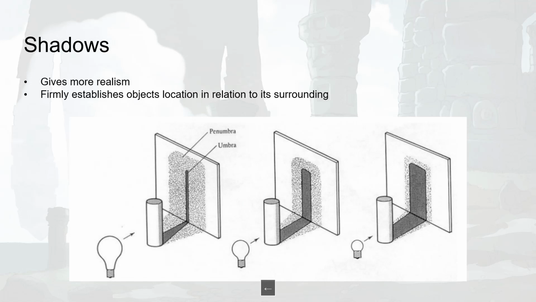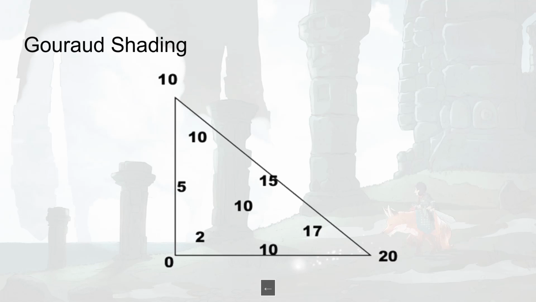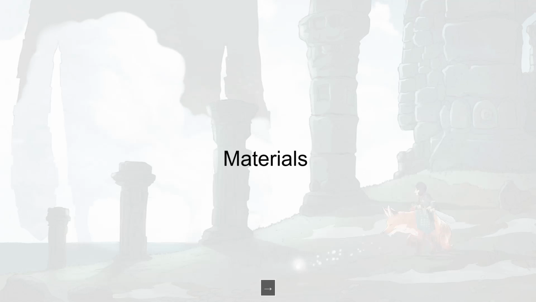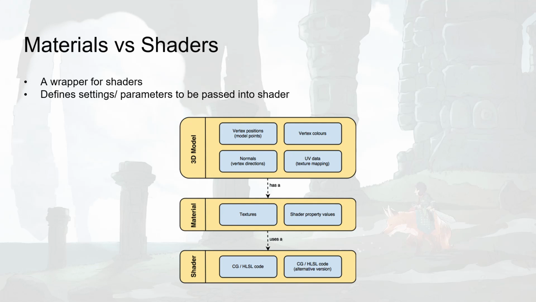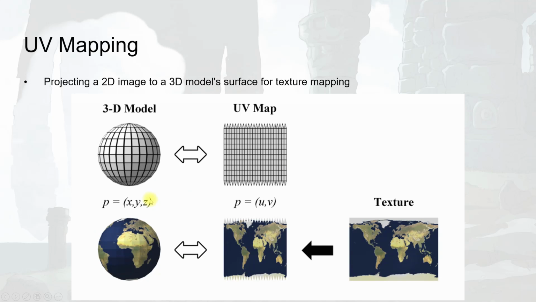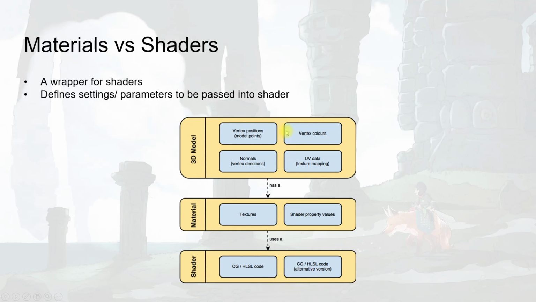So yeah, now that we know something about shading and shaders, a material is a wrapper for shaders, which defines settings and parameters to be passed into the shader. So for example, we have a 3D model, and a 3D model has a material, so it has a kind of a has-a relationship.